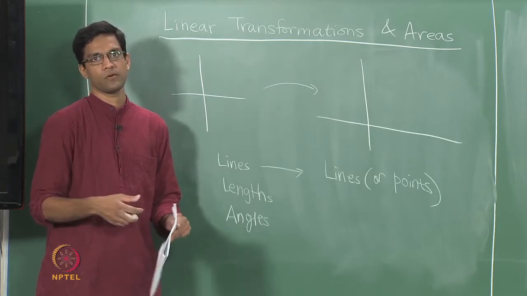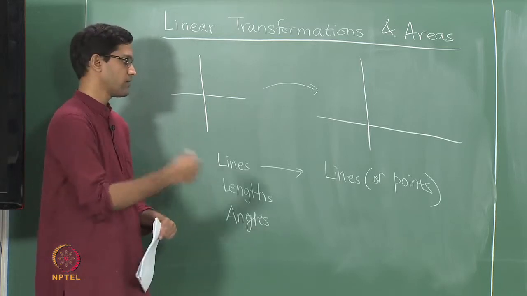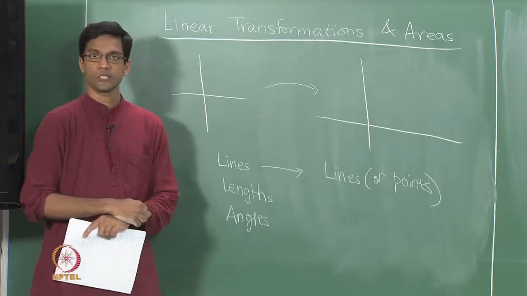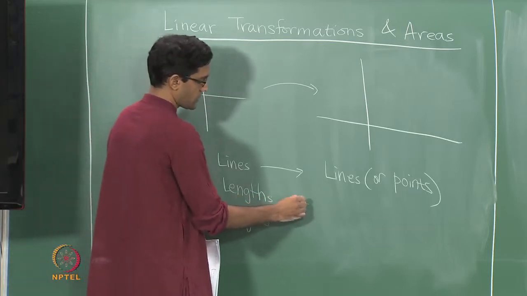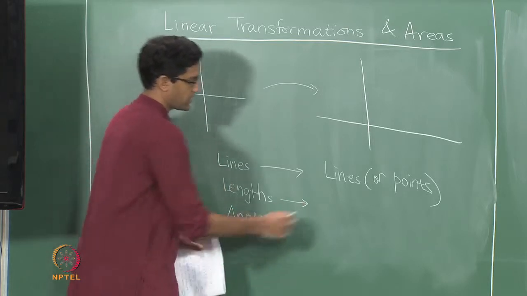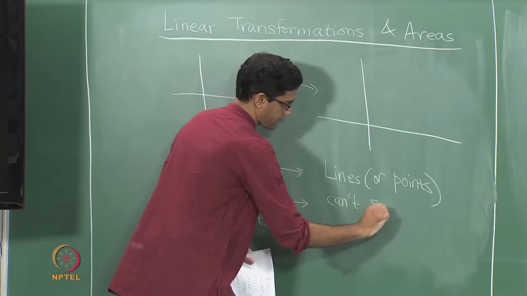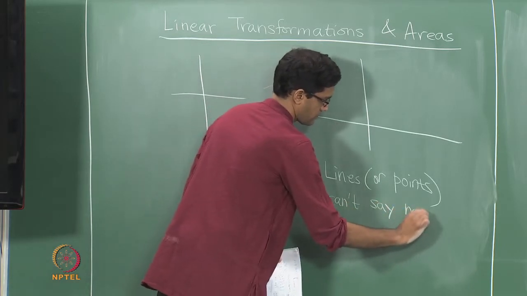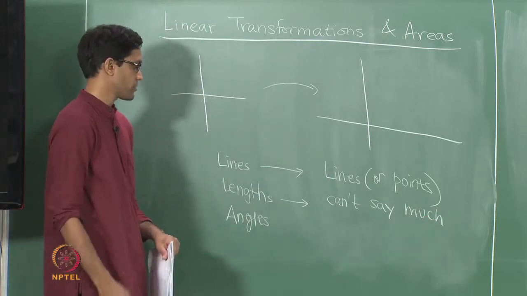They may along some directions increase length by some factor, along a different direction they may increase length by some other factor, and so on. So as far as lengths are concerned, there is nothing uniform that you can really say. Can't say much really about lengths in general if I don't know any extra information about the linear transformation.